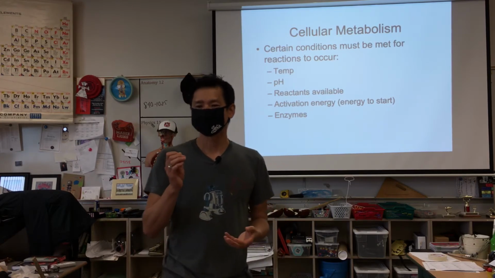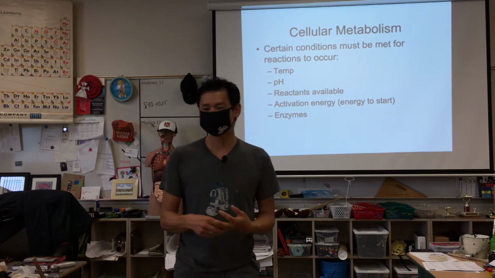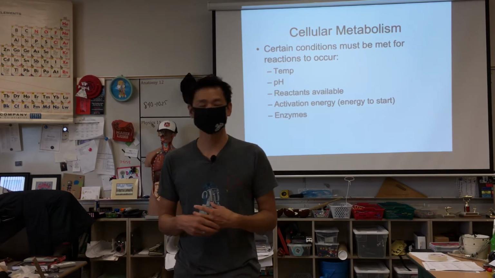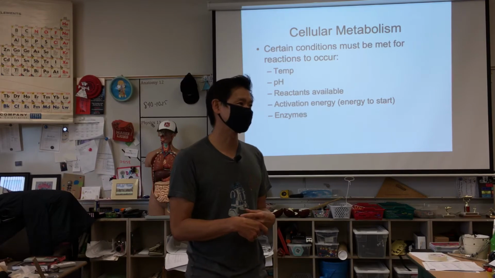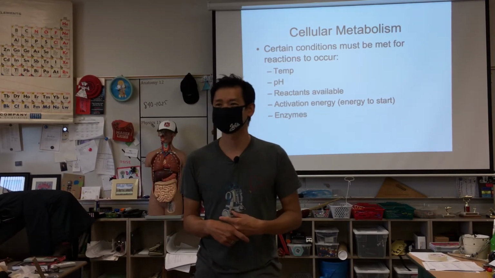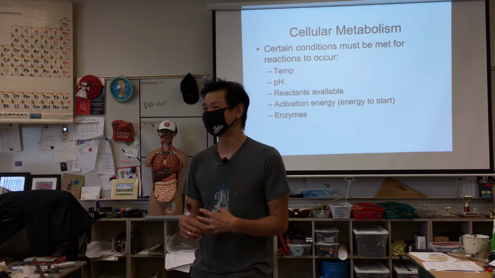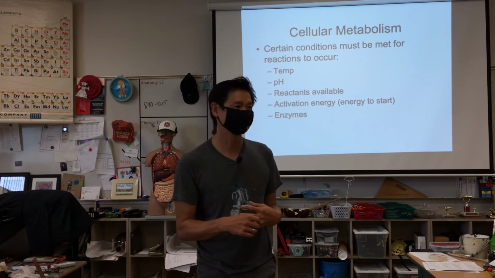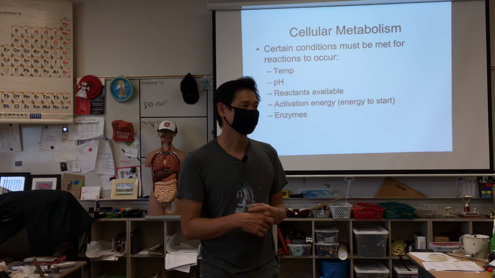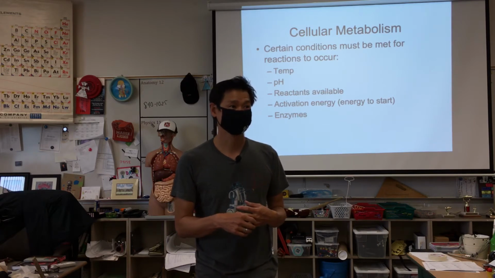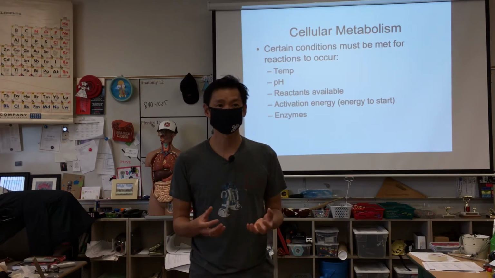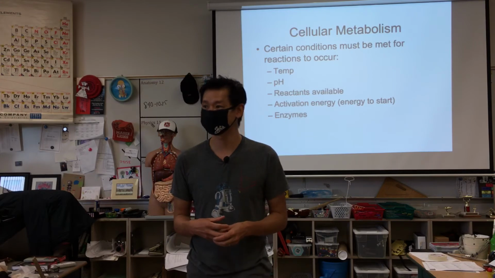Now, in chemistry, we can speed up a chemical reaction, right? What's the chemical that we would use, the substance we use to speed up a chemical reaction? Anyone remember that from chemistry 10, or if you took chemistry 11, you might remember it? It's a catalyst. So a catalyst is a substance that speeds up a chemical reaction without being used itself.